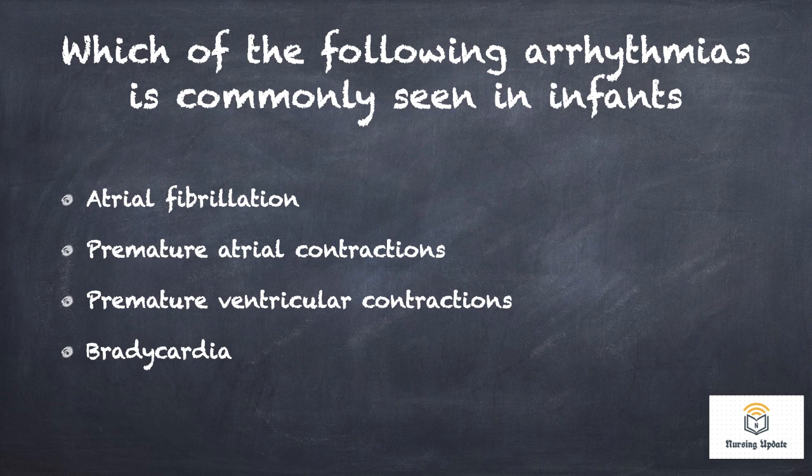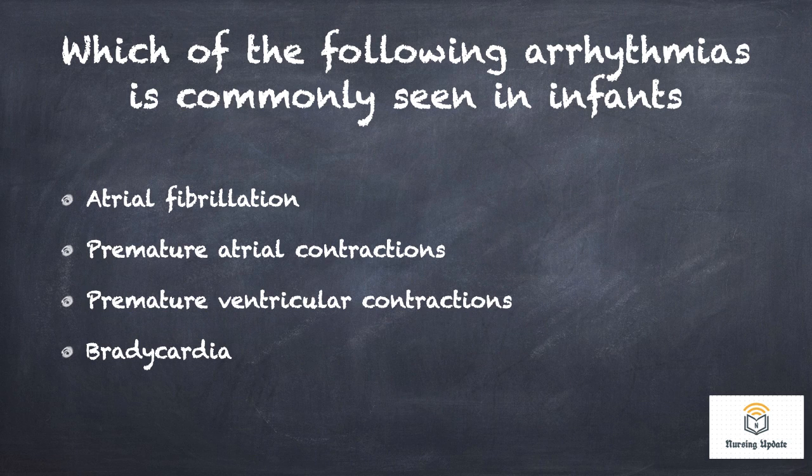Which of the following arrhythmias is commonly seen in infants? Option A atrial fibrillation, option B premature atrial contraction, option C premature ventricular contractions, option D bradycardia. The most important word here is infants.